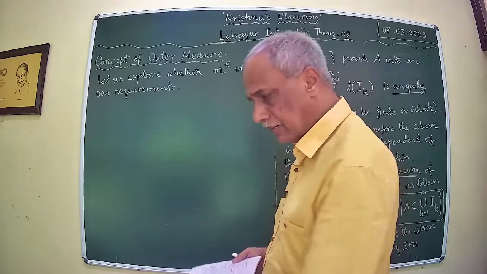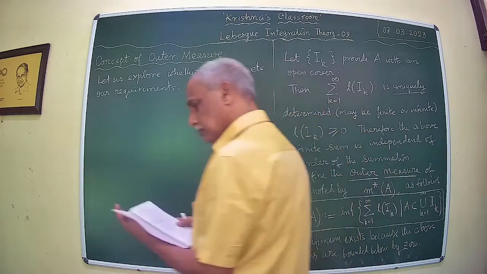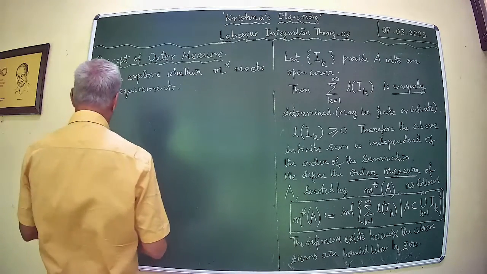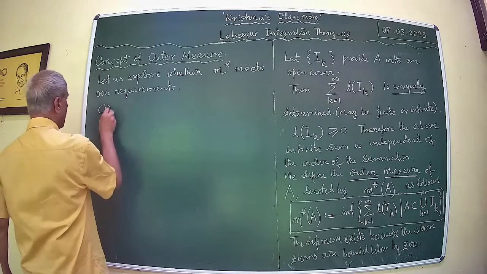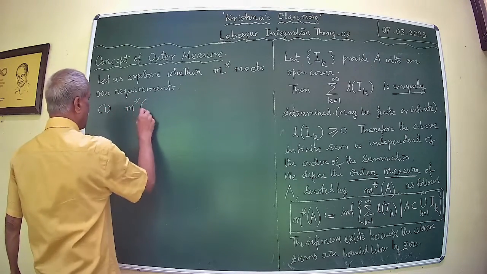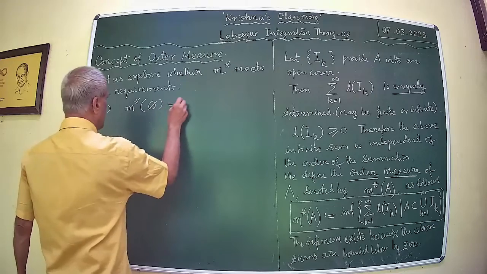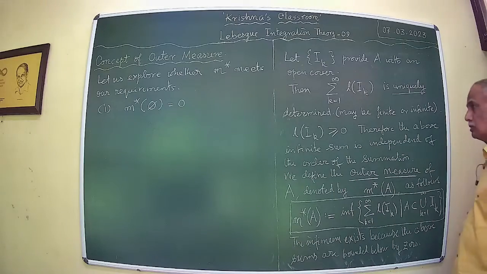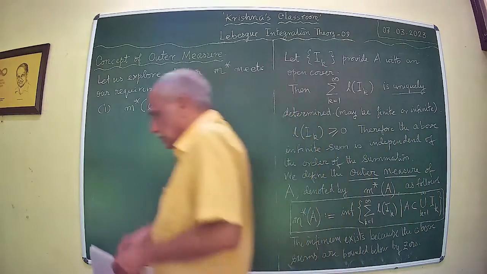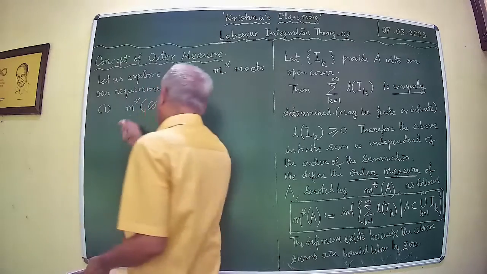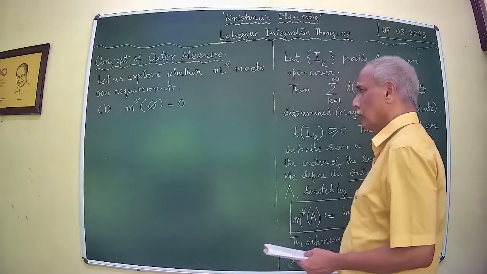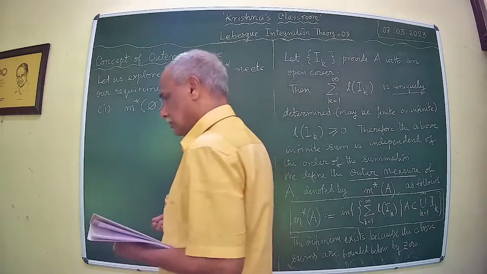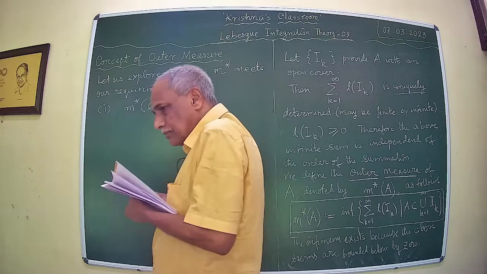The first thing that we observe is that m star of the empty set is equal to 0, because the empty set is a subset of every set. Therefore, it's quite easy to pack it inside an open interval of length as small as we please, for every epsilon.